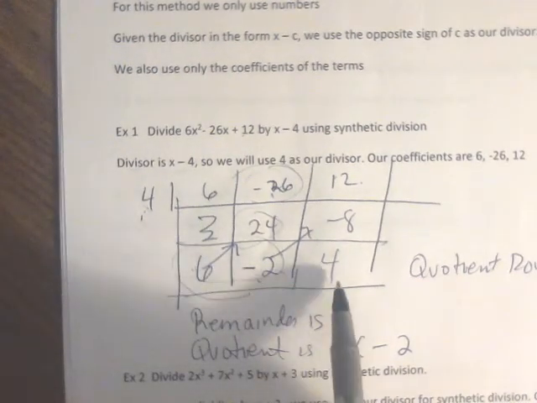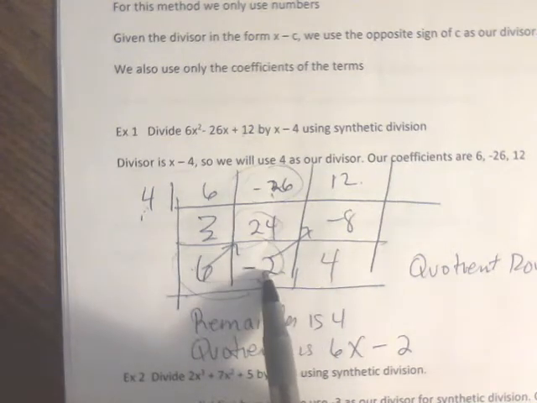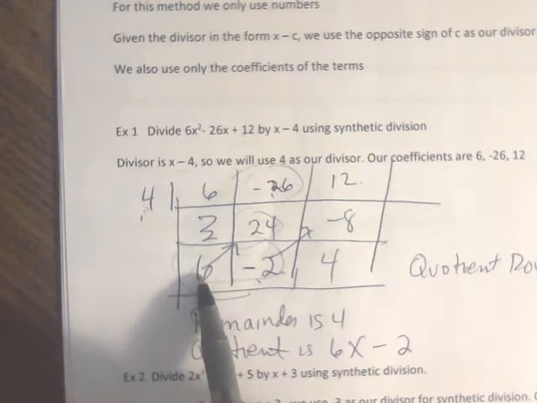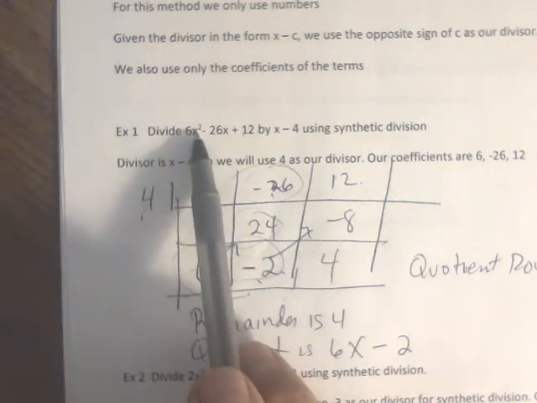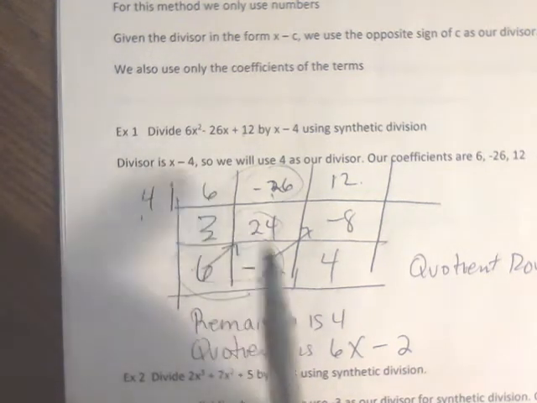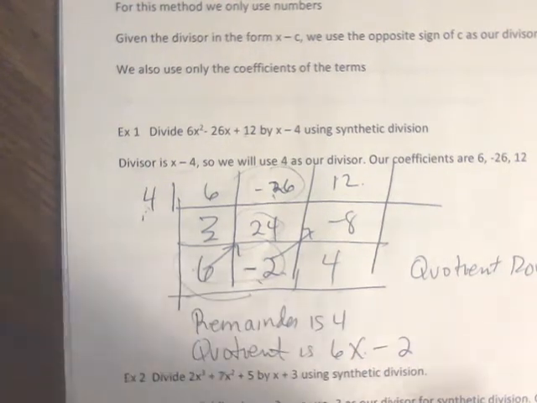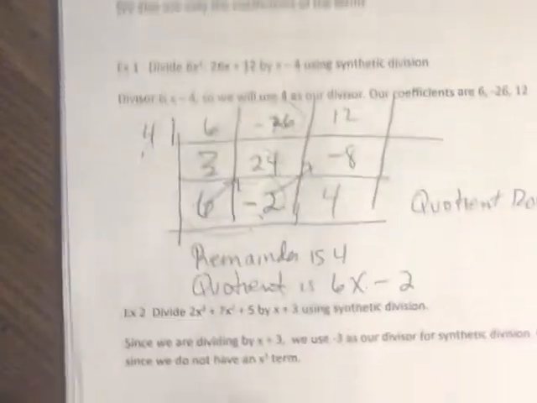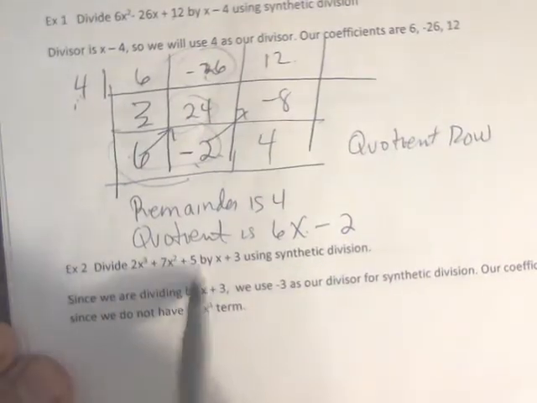Well, we can work backwards. This remainder is the number without an x, the constant term. This is my coefficient times my x, and I keep working backwards. The other way to look at it is, since we started with 6x squared, our quotient is going to start one power smaller.